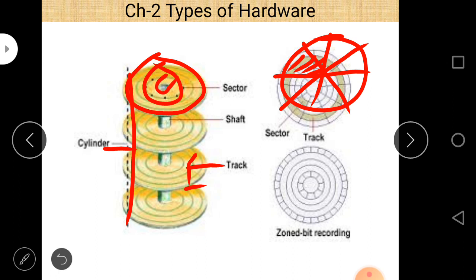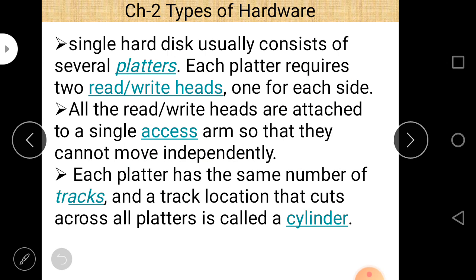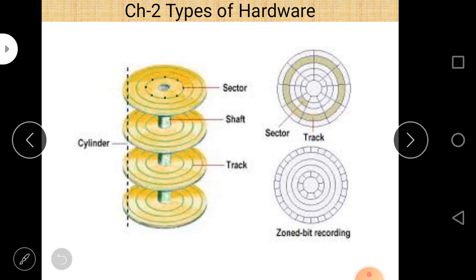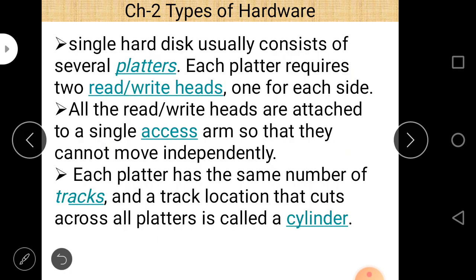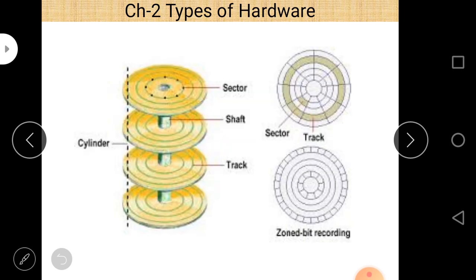There is an access arm, and a read-write head for each platter, because there are 2 surfaces, first one and second one, and these read-write heads are connected to a single access arm, so they cannot move independently. That is the basic diagram of a hard disk.